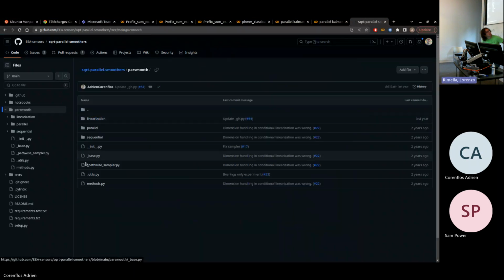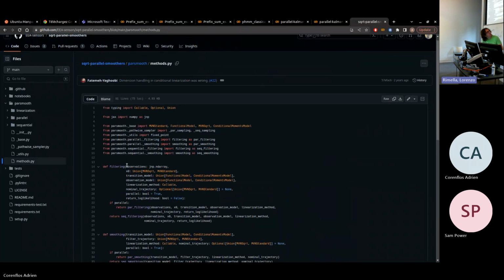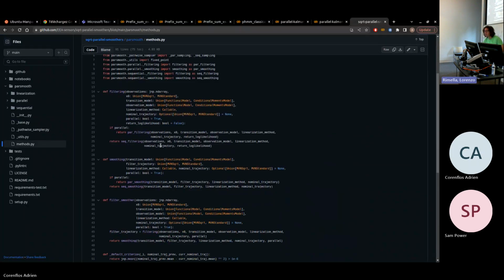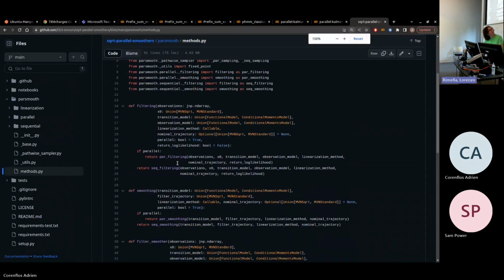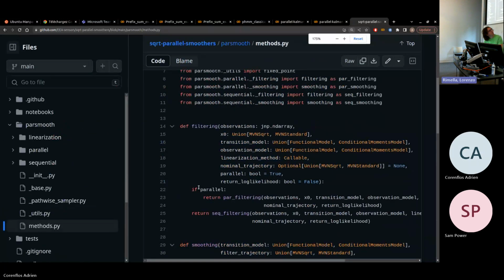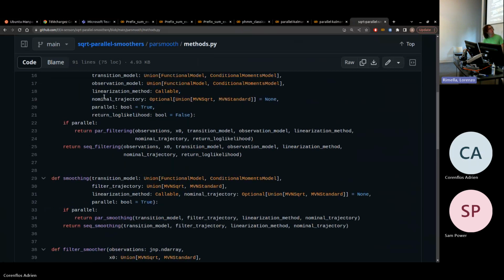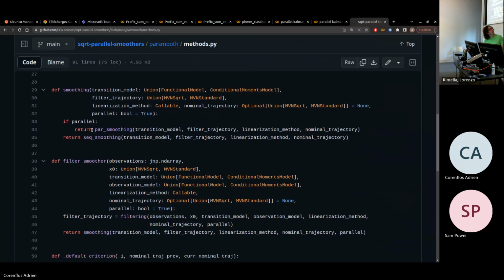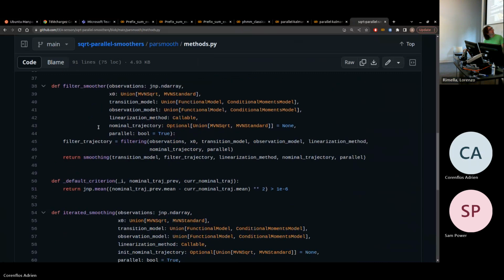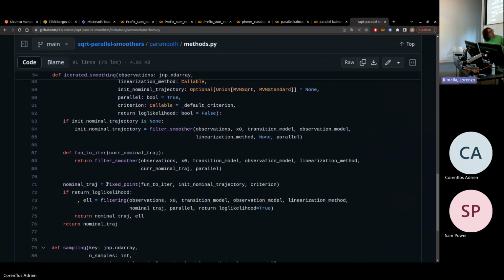Here it's not really a notebook I'm going to be showing, but end to end, once you have coded all your primitives, which is Kalman filtering, Kalman smoothing, the filtering and the smoothing primitive functions, so like the associative scan or the loop, what you end up doing is coding a fixed point.